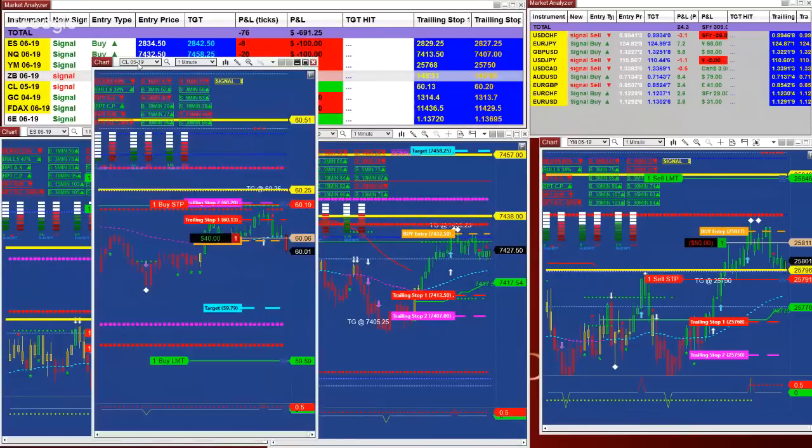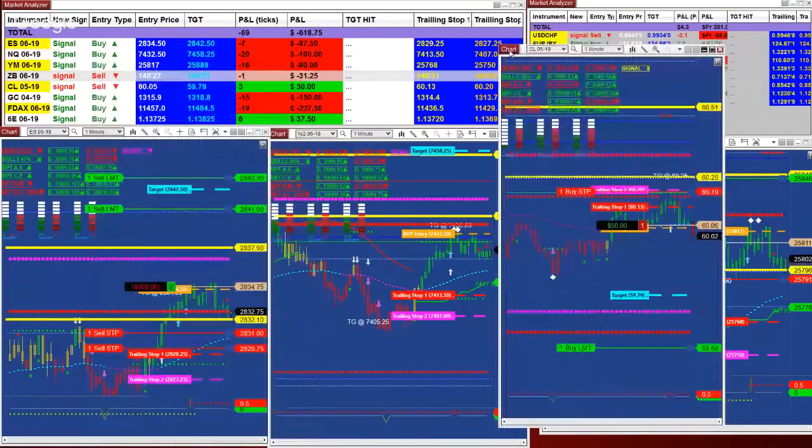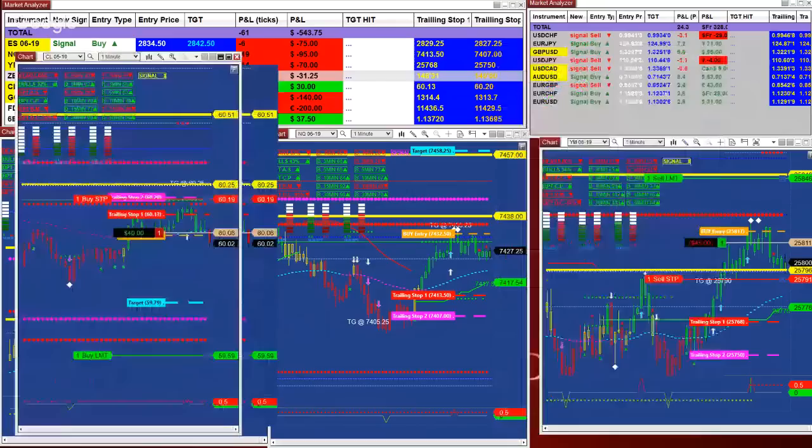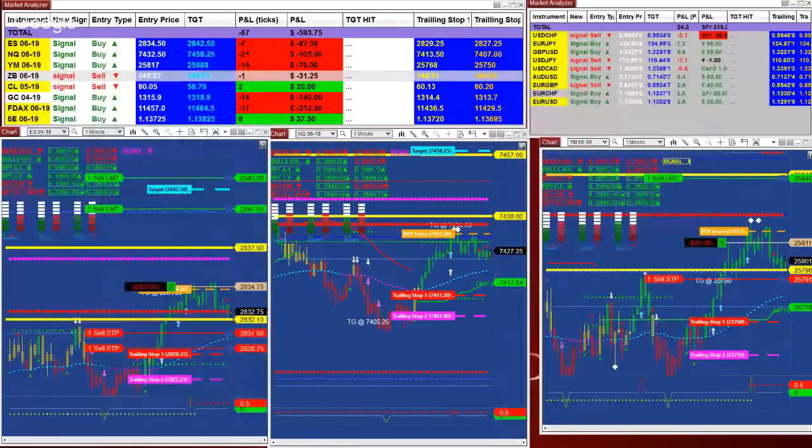We tried to get you out of this chop market later on, but we didn't. So the best way is to stay away from it and not mess with it. Let me see if it's going to recover.